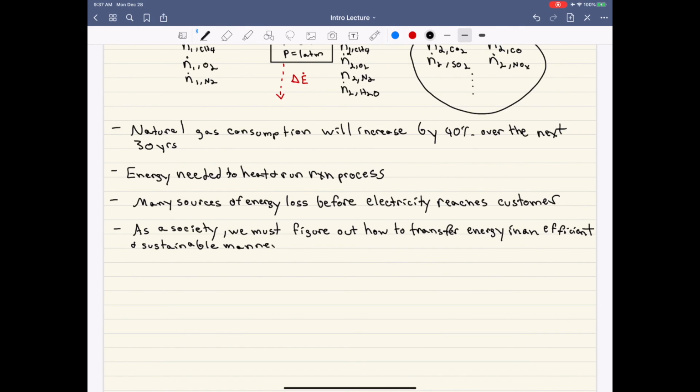And we'll talk more about that throughout this course, right? But the main thing I want to emphasize is that in order to achieve this goal, engineers will play a central role, right? We will be the ones designing the processes that produce energy in an efficient manner, and we'll be the ones figuring out how we could convert existing processes so that they could be more sustainable.